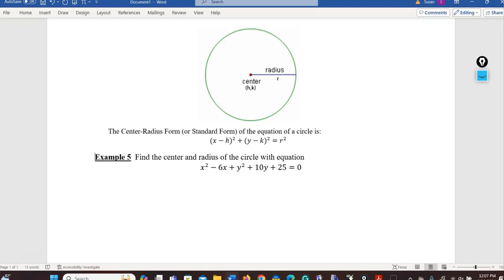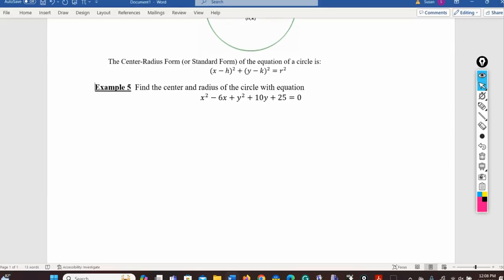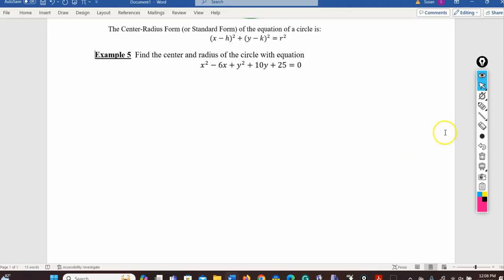So if I'm going to find the center and the radius of this, I'm going to have to change it into standard form. So I think I'm going to, because I don't even need the picture anymore. All right, so the task here is you're going to have to rewrite this general form into standard form.